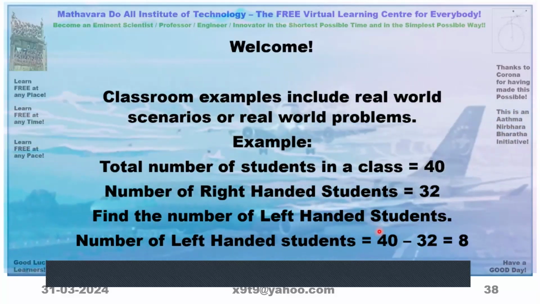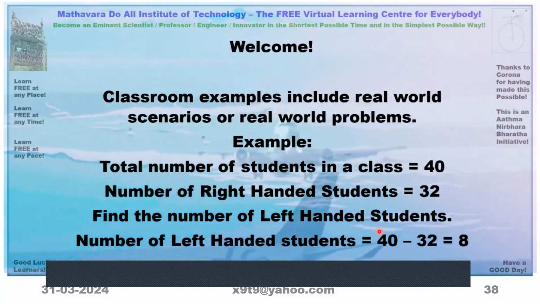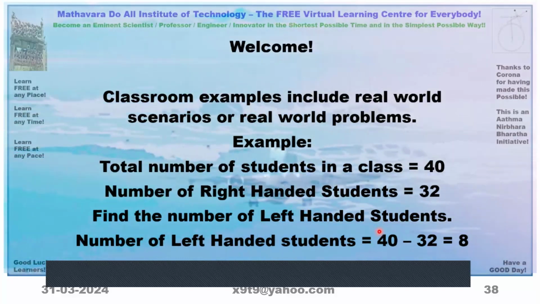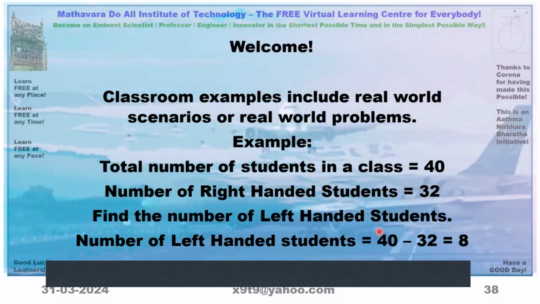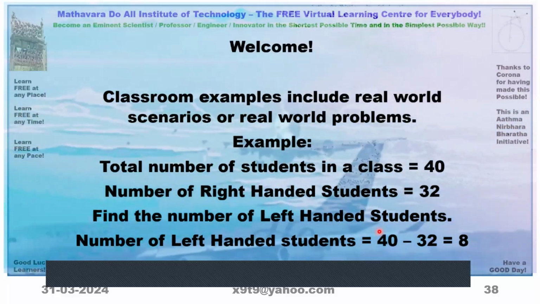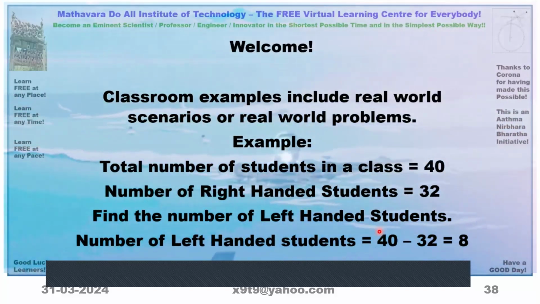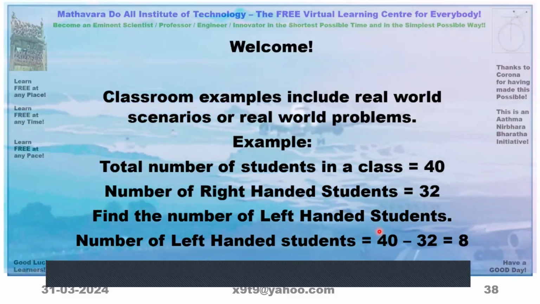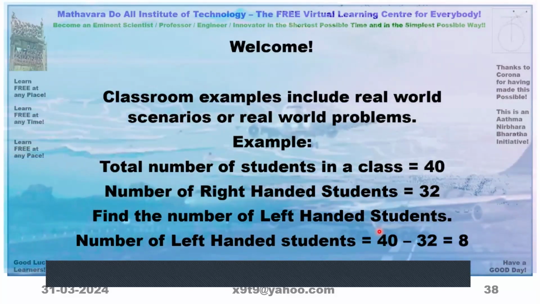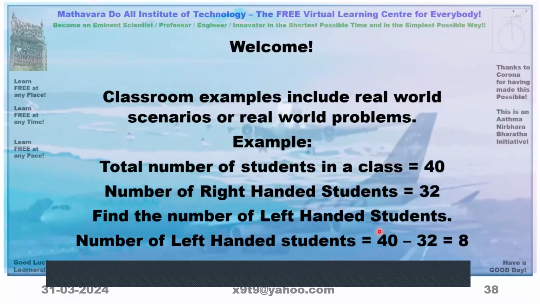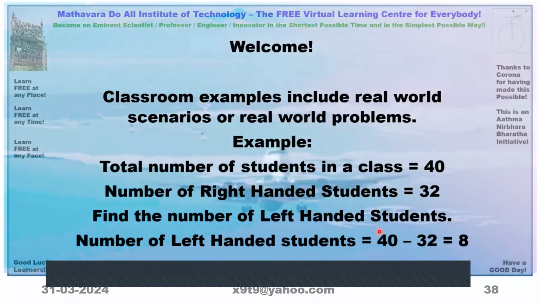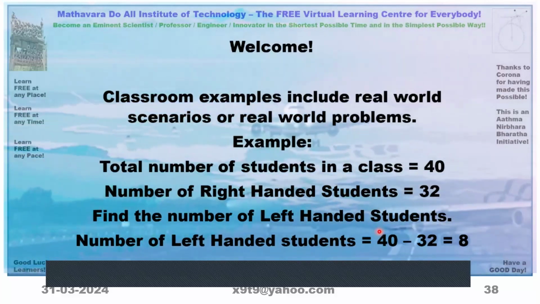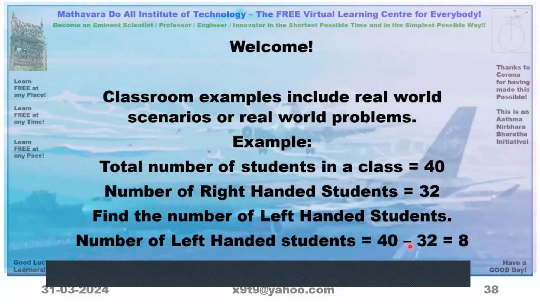So classroom examples include real world scenarios or real world problems. Example, total number of students in a class is 40. Number of right-handed students is 32. Find the number of left-handed students. Now we know the total number of students.